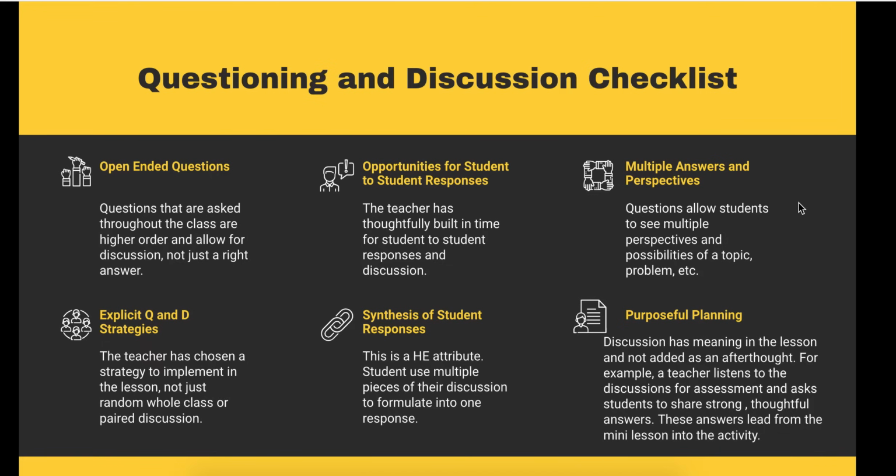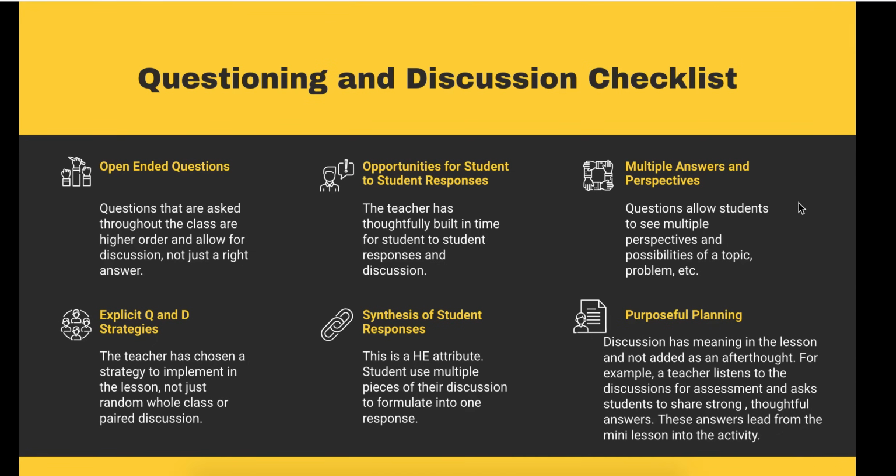The next thing they're looking for is explicit questioning and discussion strategies. Something has purposefully been built into the lesson. There's a strategy. The teacher is not just randomly saying, oh my God, I'm being observed, turn and talk, which sometimes we make desperate and do.